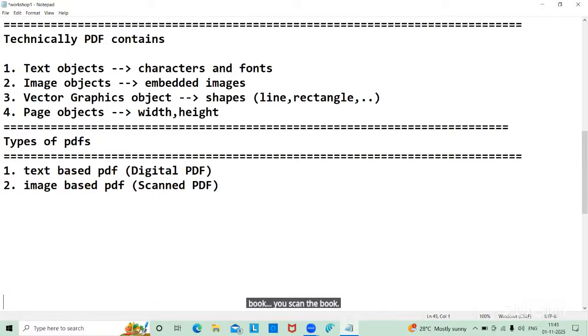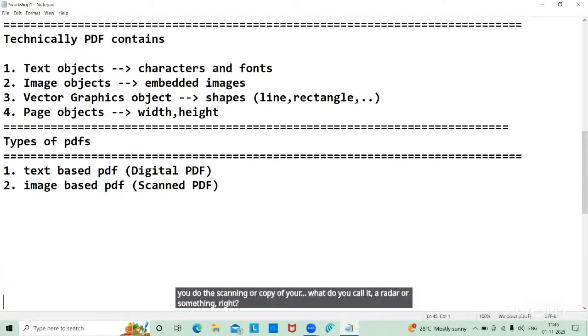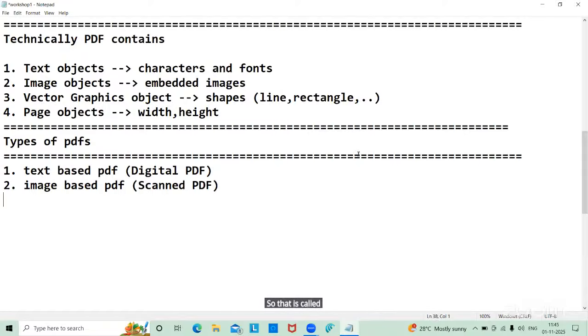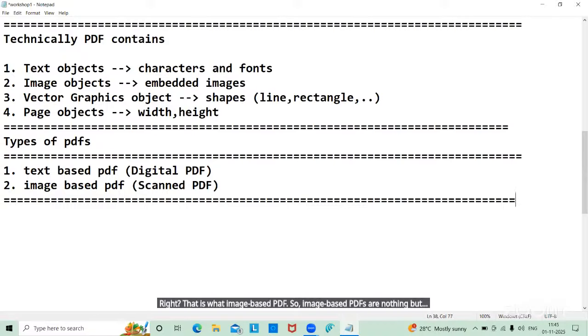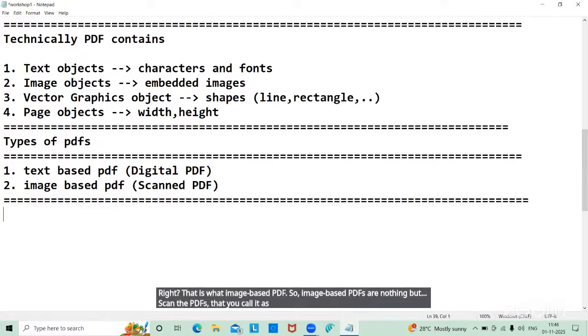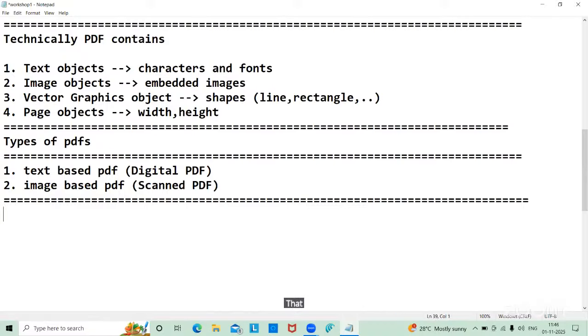You scan a copy of your Aadhaar, or your certificates, right? That is what an image-based PDF is. So image-based PDFs are nothing but scanned PDFs.